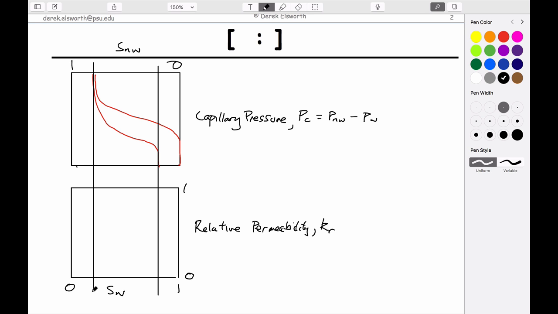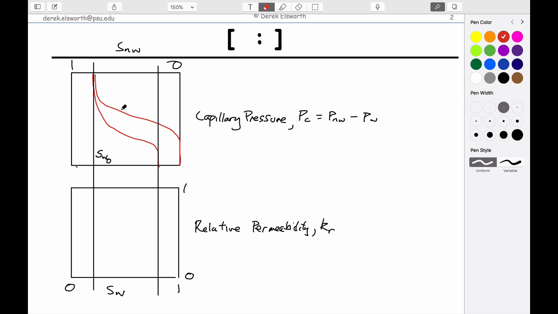And we can start filling in all the terms that we knew before as well. So what is this? This is the irreducible saturation of the wetting fluid. In other words, we can't dry the sample out of water any more than this magnitude here.